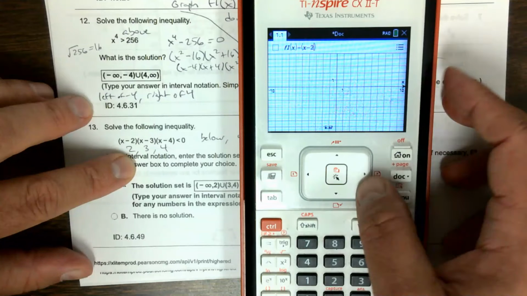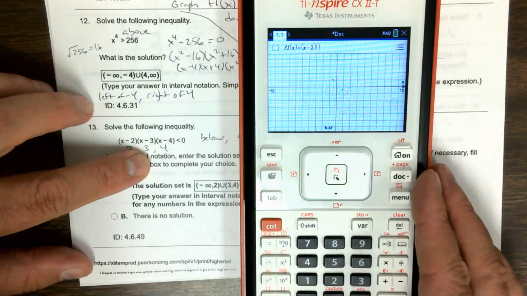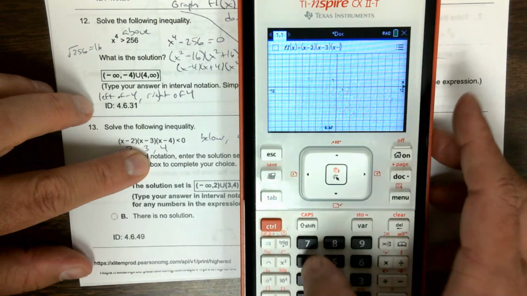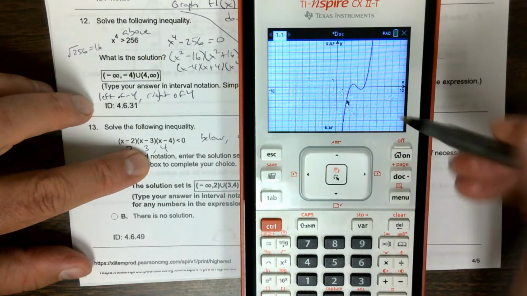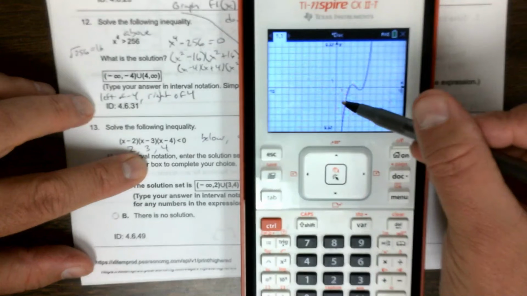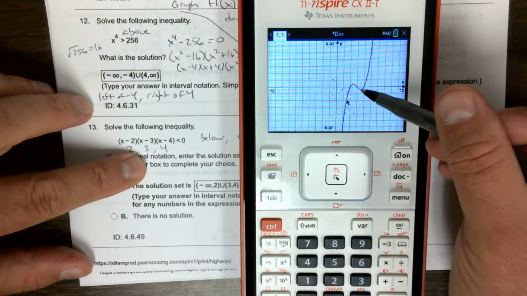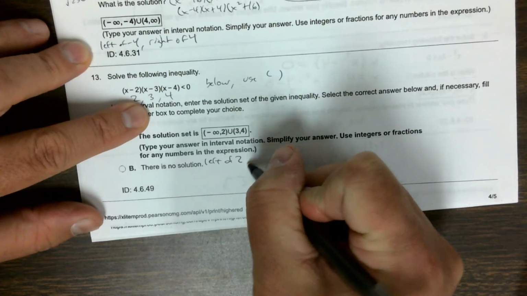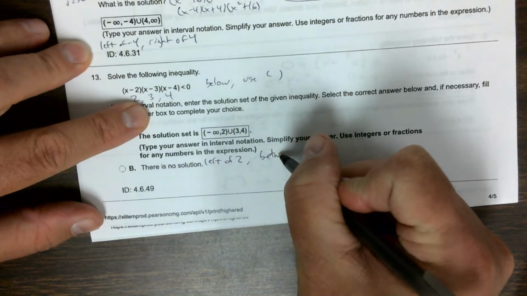X minus 2, x minus 3, x minus 4. Okay, so left of 2, and then in between 3 and 4. I mean, that's how you interpret it.